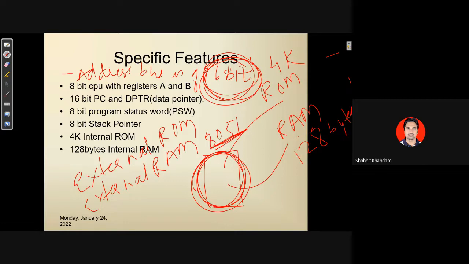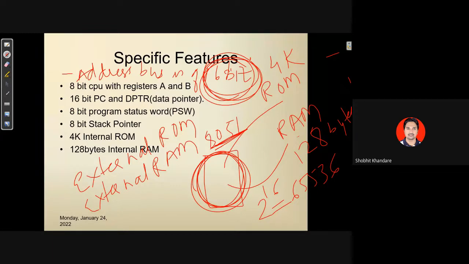Anyone? 65536. Okay, have you got that? 2 to the power 16. Very good. 2 to the power 16 is equal to 65536.